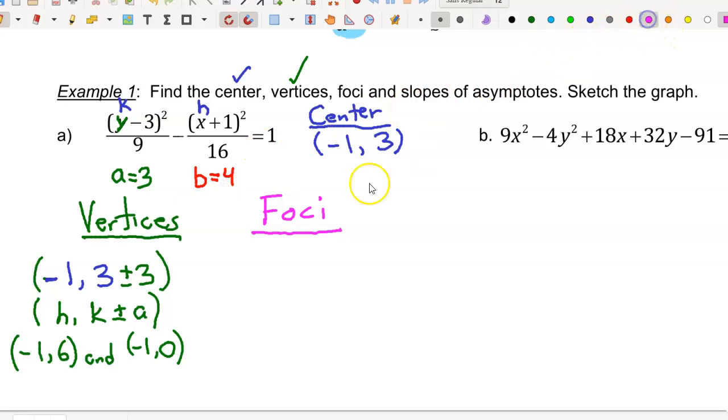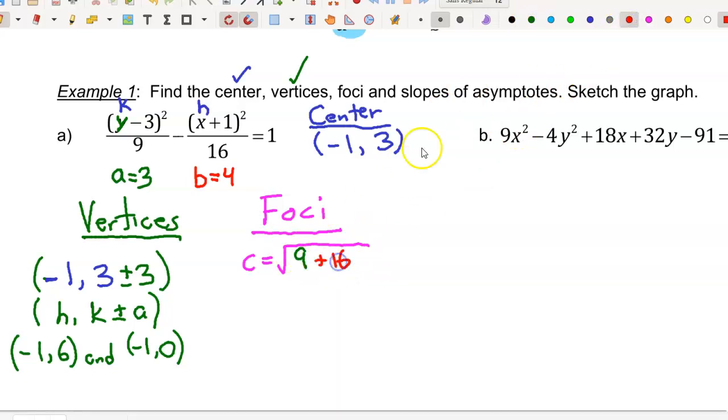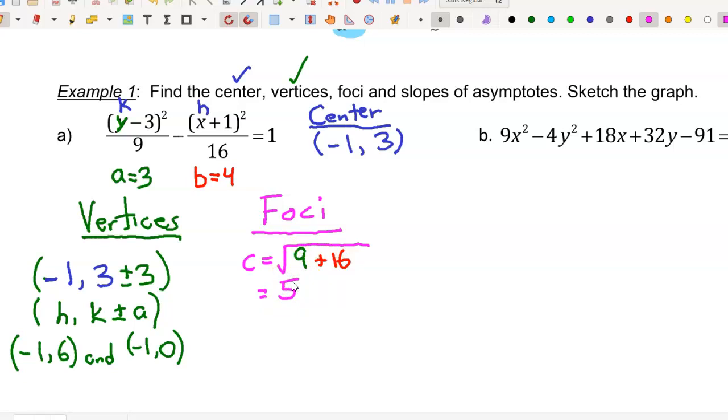So c is going to be the square root of those squares, 9 and 16. In this case, it comes out to square root of 25, which is just 5. Nice numbers to start off with.